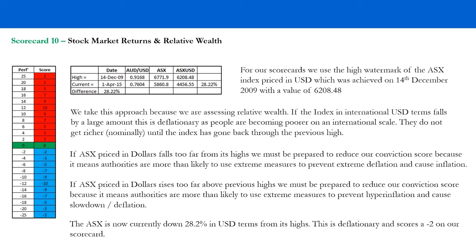And international money might start flowing into Australia to pick up lower priced assets. So we have to be prepared that our conviction on a short bias with Aussie dollar, US dollar at these levels is lower than if the high watermark was going lower.